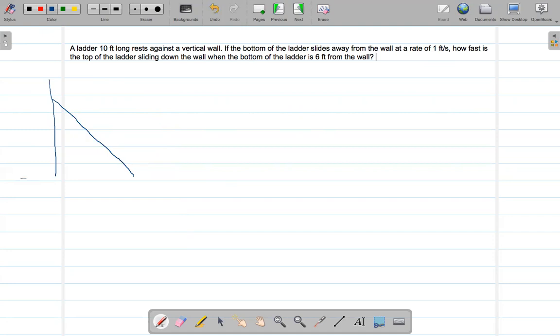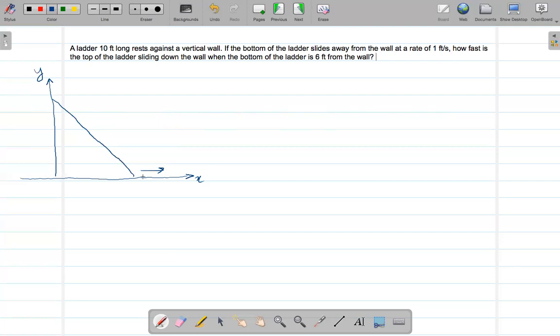Now let's draw the bottom line as well. We can say this is x, and this is the y-axis. It says that the bottom of the ladder slides away from the wall at the rate of 1 foot per second, so this is sliding to the right at 1 foot per second.